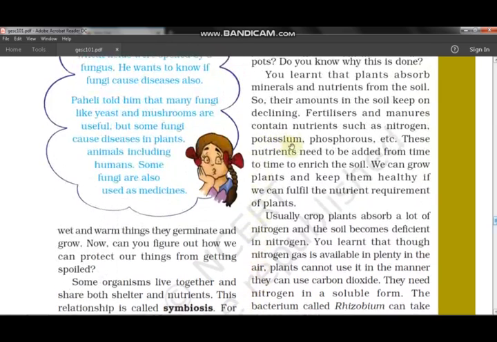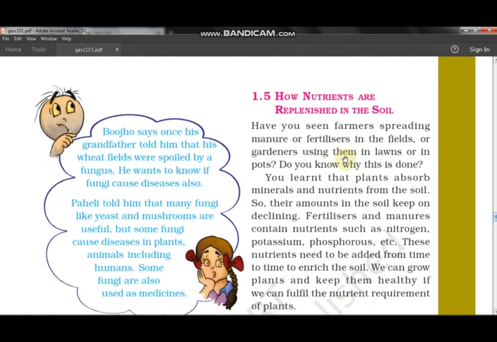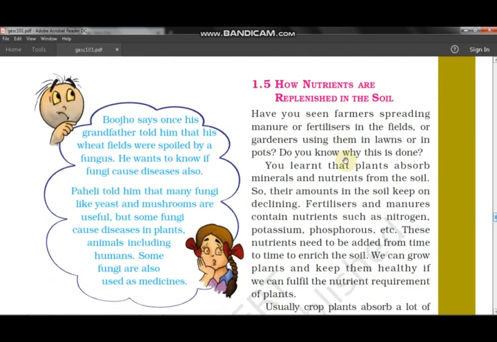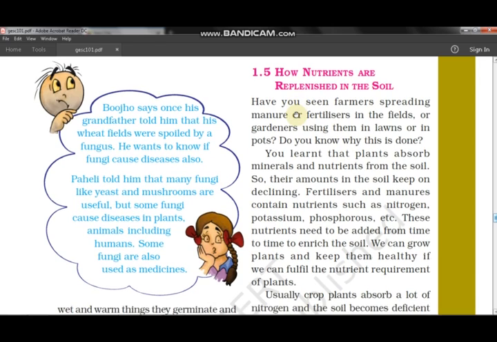So students, now the next topic: how nutrients are replenished in the soil. All of us know that when we grow some plant, it takes up nutrients from the soil so that it can grow and produce carbohydrates, proteins, vitamins and various other essential nutrients.